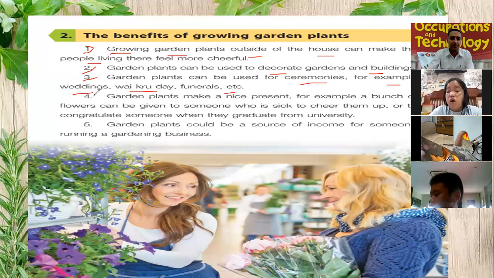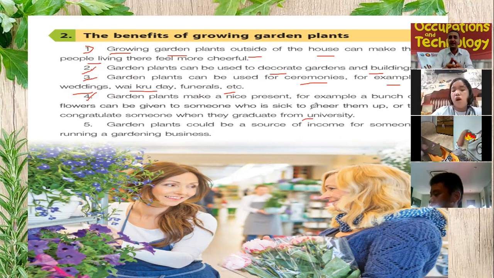Number four, garden plants make a nice present. For example, a bunch of flowers can be given to someone who is sick to cheer them up, or to congratulate someone when they graduate from university. So if we have garden plants, the benefit is we can give them as a present.